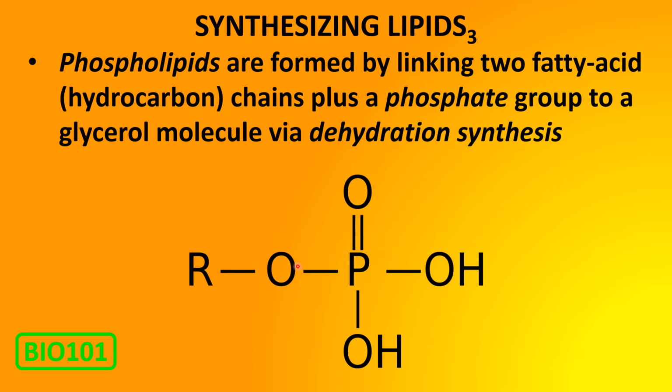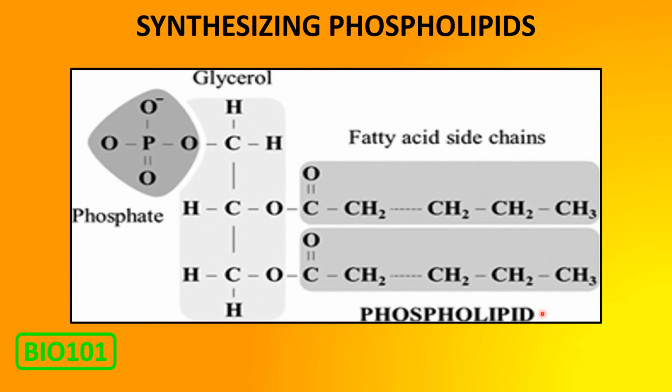And we're going to hook that up to 2 fatty acid chains. And that's going to make a phospholipid. Phosphate and lipids, phospholipid. So it looks like this, synthesizing phospholipids. Here is your phosphate group. Here is your little 3-carbon glyceride or glycerol group.